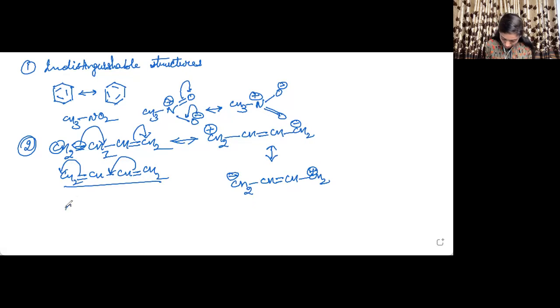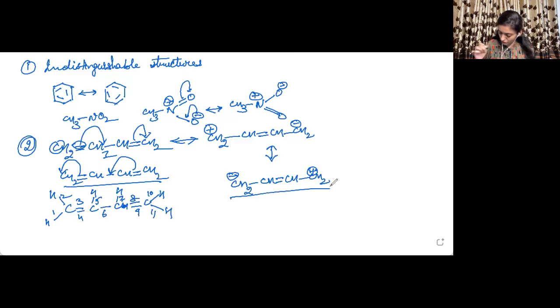So if we open up this structure and write all the covalent bonds, we will find, sorry, this hydrogen is not there. C, H and H. Now 1, 2, 3, 4, 5, 6, 7, 8, 9, 10 and 11. So how many covalent bonds are there in this structure? 11.